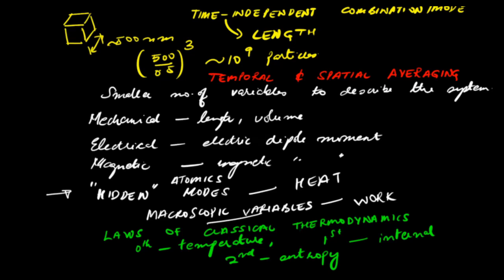And these laws are required because we need some additional variables to describe the energy conversion processes, because we have done temporal and spatial averaging due to macroscopic measurements. And to compensate for that, we need to invoke new variables so as to define the energy conversion processes. And that's why the laws of thermodynamics are required. So from now, we'll work only with the classical thermodynamics approach, and we'll not invoke the microscopic viewpoint in our analysis.